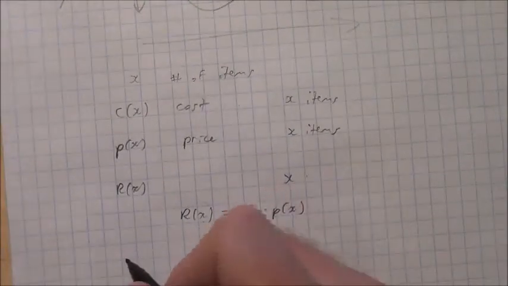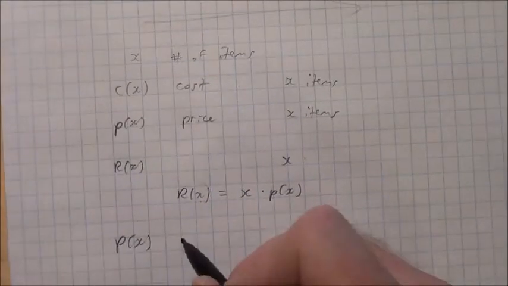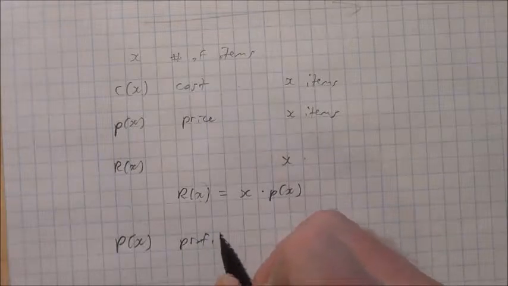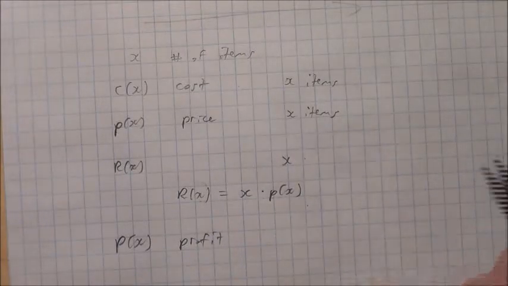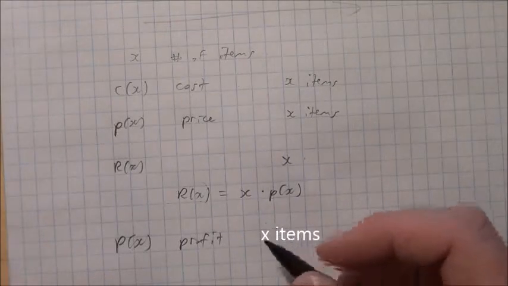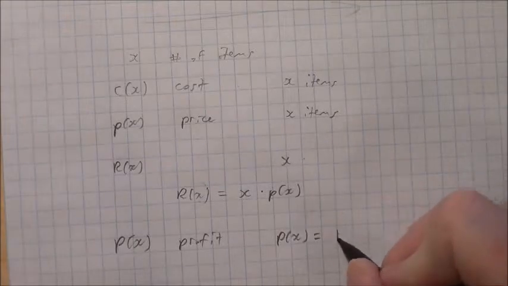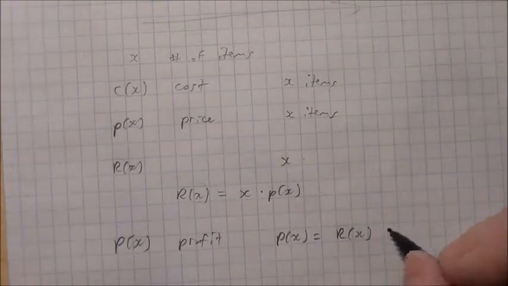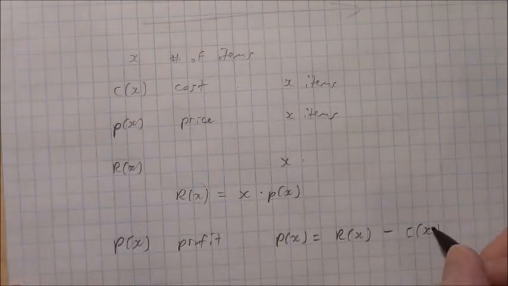We look at capital P of x, that's the profit function, and that's the profit from selling x items, and the profit is equal to the revenue received minus the cost of producing those items.